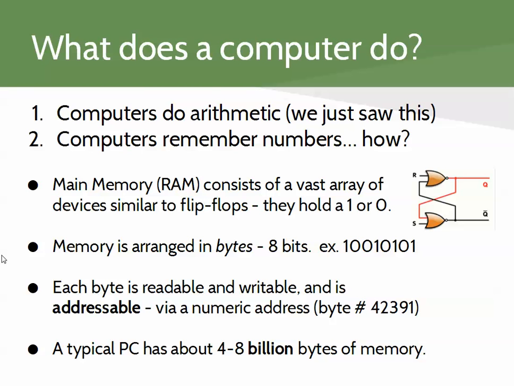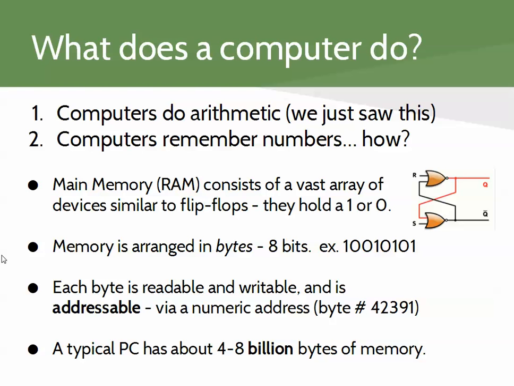So main memory, or RAM, consists of a huge array of bits that can be changed to 1 or 0. And it's how those bits are arranged and grouped that allows us to store different types of data and to actually interpret those 1s and 0s.